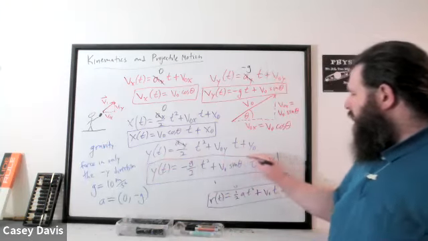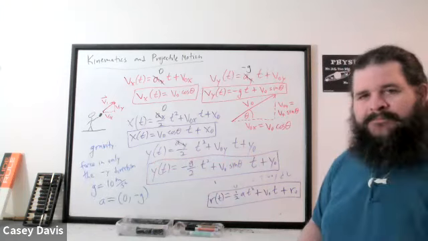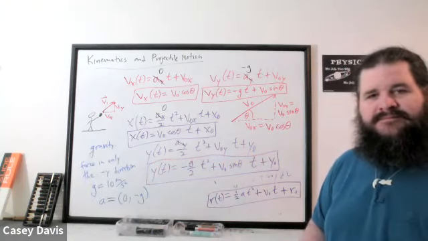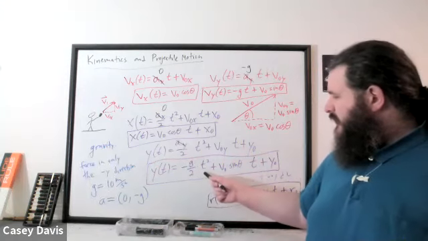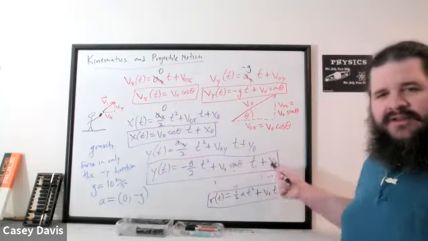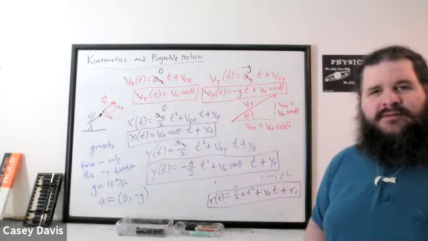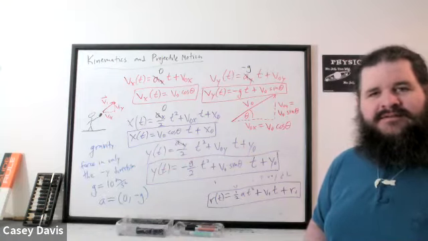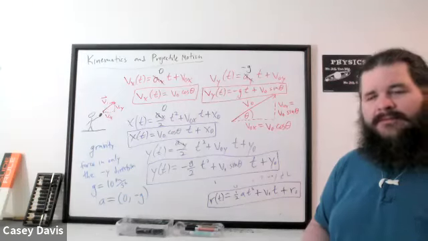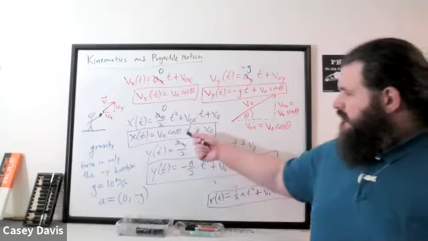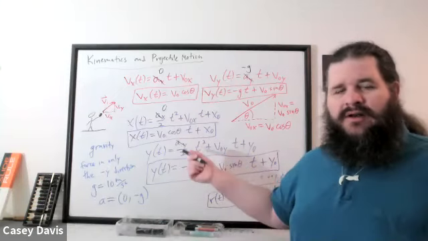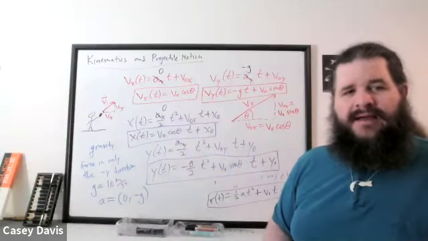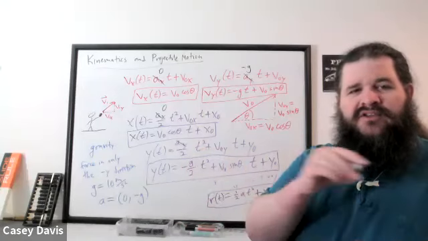And what would that look like if you graphed it? If we've got y equals something times t squared plus something times t plus something, what sort of function is that? A parabola? Yeah, this is a quadratic function, so its graph will be a parabola. If you graph horizontal position versus time, you just get a straight line because it's moving forward at a constant speed.